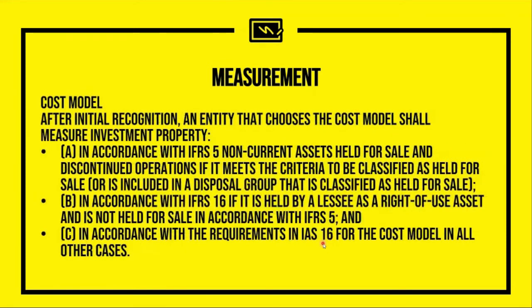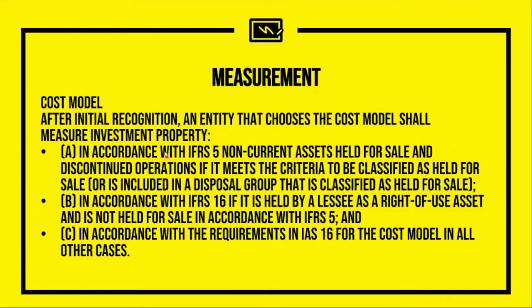Now we go to the cost model. The cost model is very simple. That's why we discussed this last. Under the cost model, what you simply need to do is get the cost and depreciate it or impair it if there is impairment.